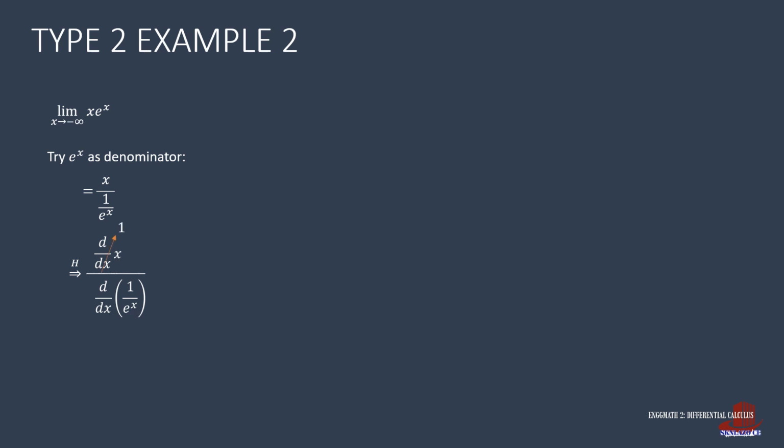The derivative of x is 1, and the denominator can be transformed into the derivative of e raised to negative x. This denominator can then be differentiated as e raised to negative x times negative 1, and the expression can be written as 1 over negative e raised to negative x, or that is 1 all over 1 upon negative e raised to negative x.